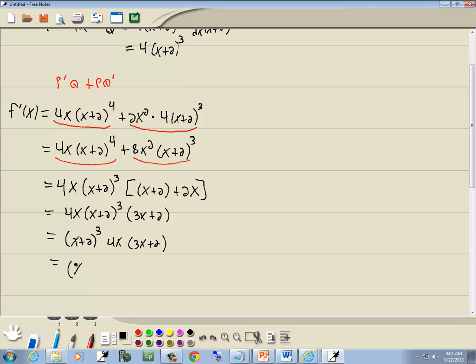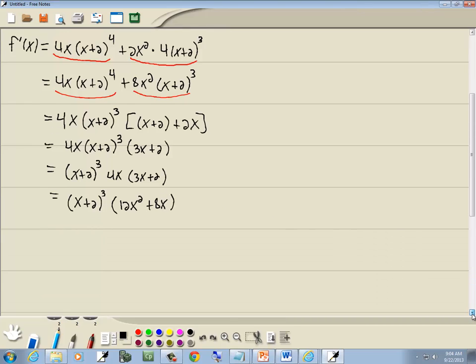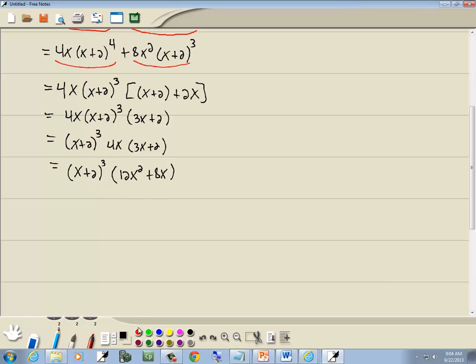And just to keep it to our basic formula, I'm going to multiply the 4x through. So 4x times 3x gives us 12x squared. 4x times 2 is 8x. Okay. Well, now I got something times something else. So this will be our p, and this will be our q.